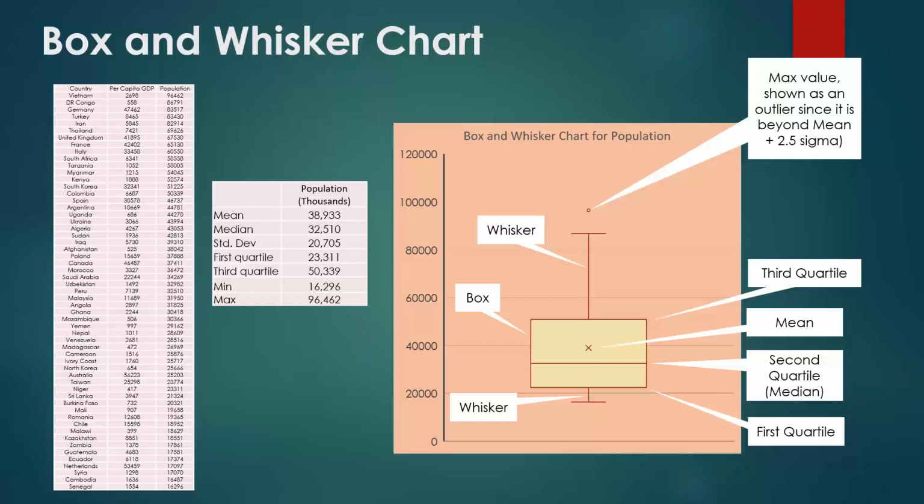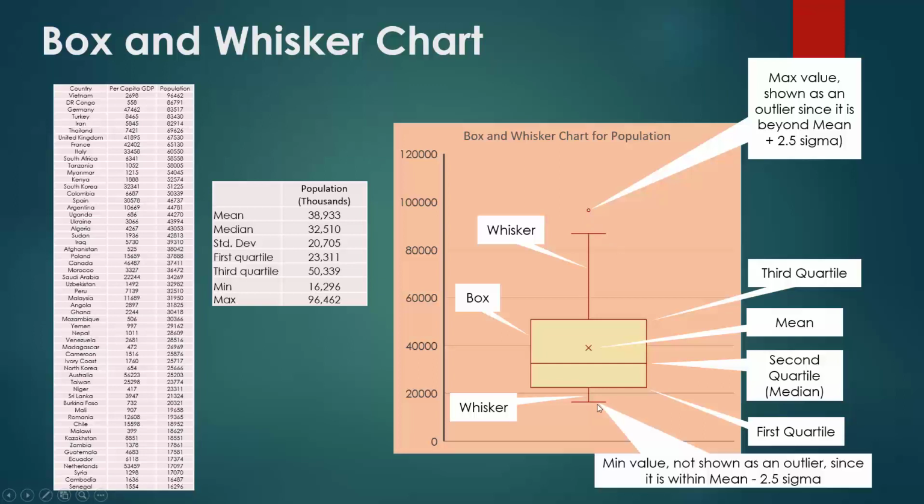It is shown as an outlier because it is past the end of the whisker. Anything outside of the end of a whisker is an outlier. Right now, I have only one outlier. There could be more than one, as we will see on the next slide. Now, this is showing the min value of 16,296.